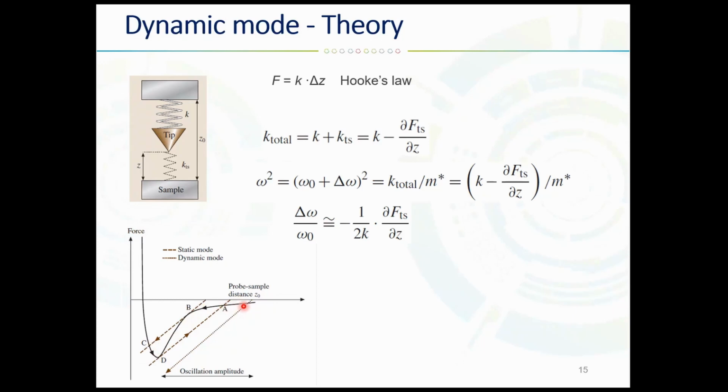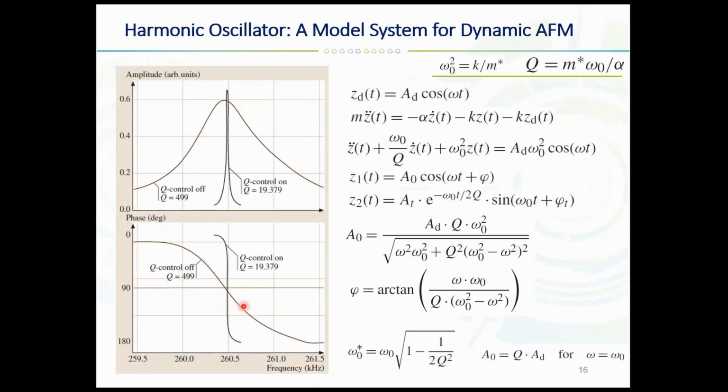Okay, so this is just the introduction, and now we are going to all these harmonic modes. The oscillating cantilever has 3 degrees of freedom: the amplitude, the frequency, and the phase difference between excitation and oscillation.